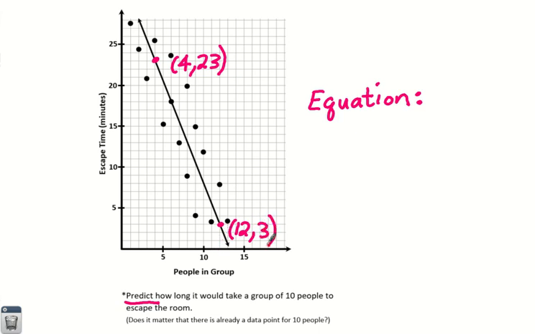Okay? 12 comma 3. So those are my 2 points, right? Because if I had to come up with the equation of the line, we've already learned that it's pretty simple to figure out the equation of the line as long as I have 2 sets of coordinates for 2 points on the line.